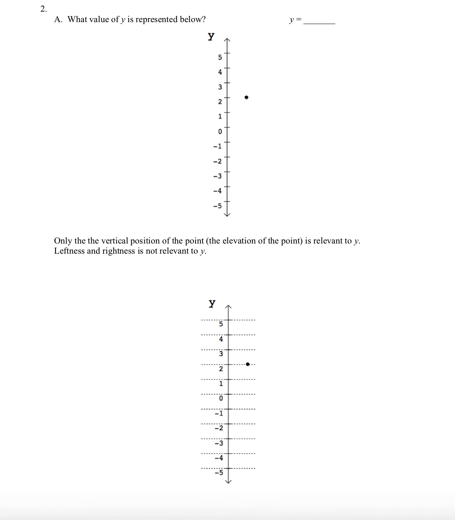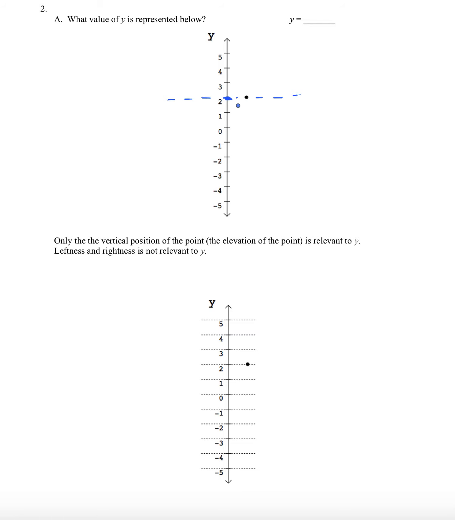Now let's take a look at a y-axis, which is not horizontal but vertical. But we still have a positive and negative side to it. What value of y is represented by the point below, if any? To answer this question, we want to trace our dot horizontally to the axis and see where it intersects.